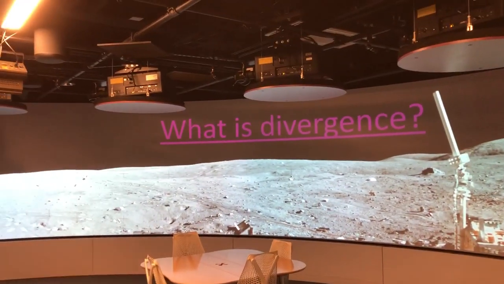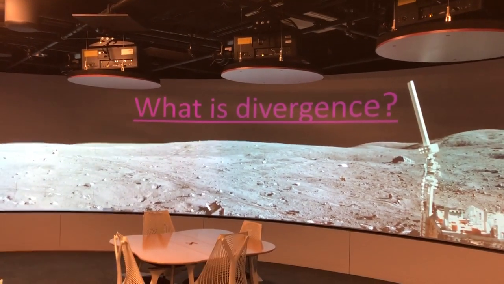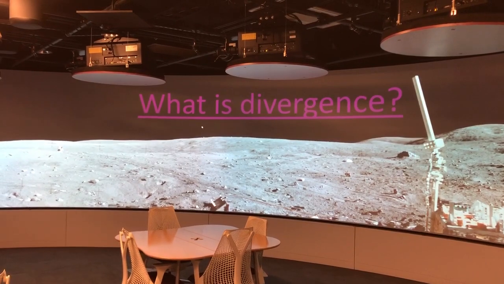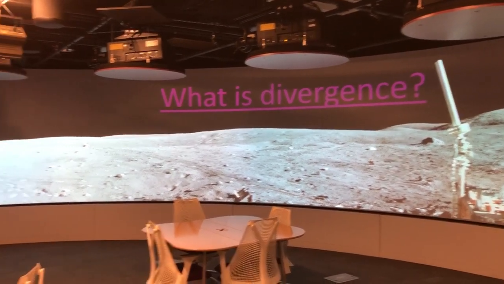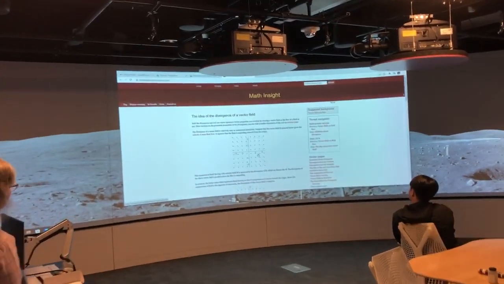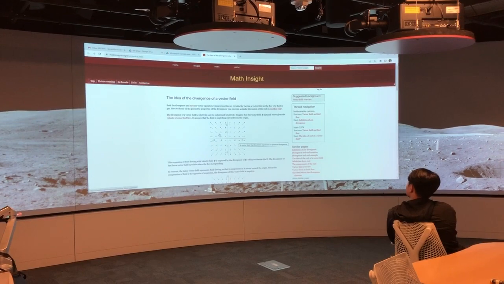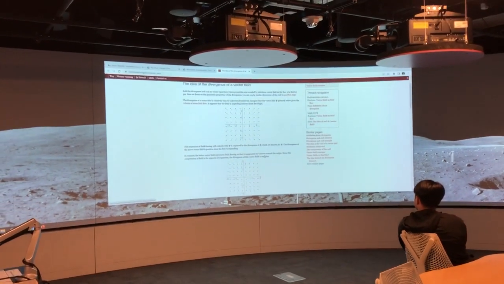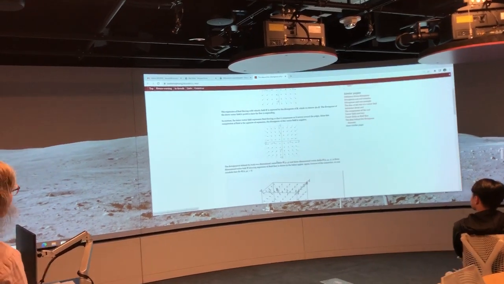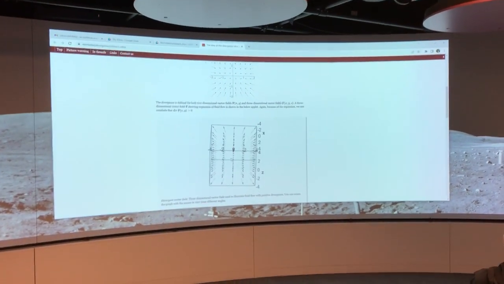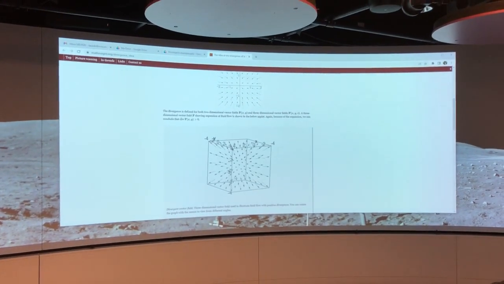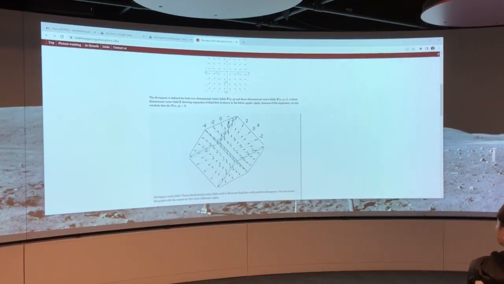Let's do divergence first. Here, if you have this point in the middle, this is how a field might diverge from the point.